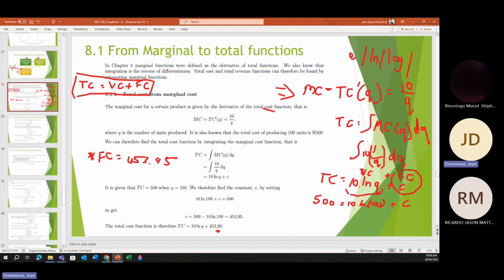But in practice, you actually can't produce negative units. So that's why we didn't even put in here the absolute value, because it will always be positive. It can be 0, but that's fine. But it can never be negative because we can't produce anything negative.